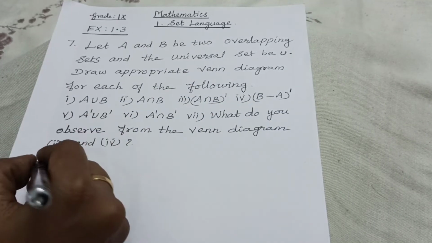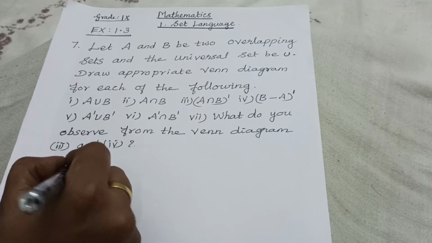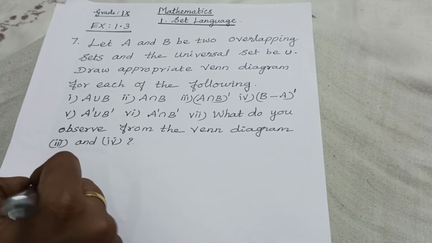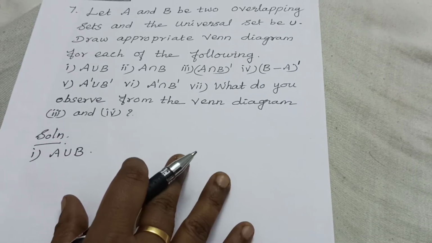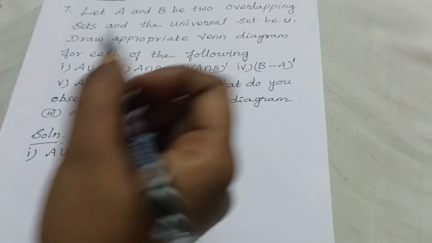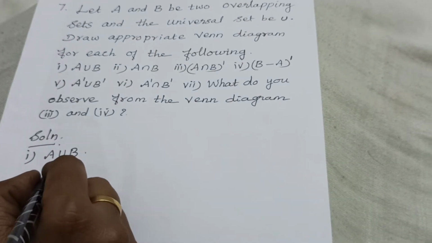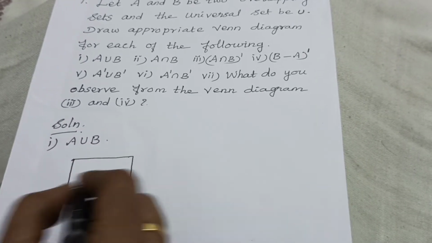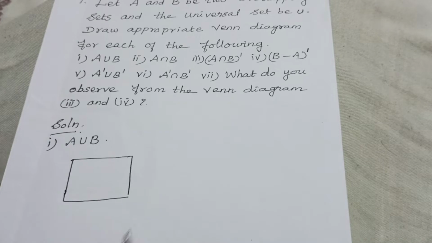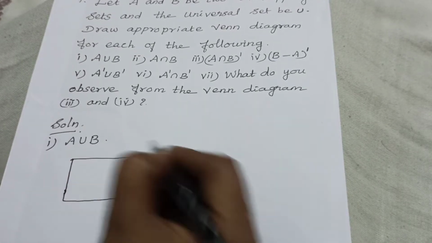First one, A union B. Draw the appropriate Venn diagram. First we have to draw the universal set. This is the universal set.